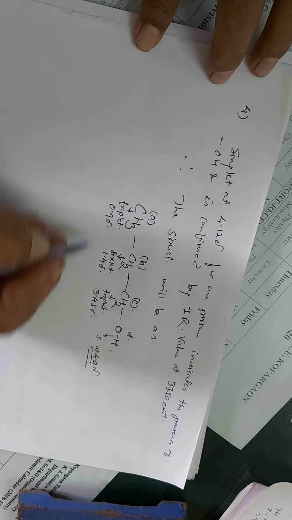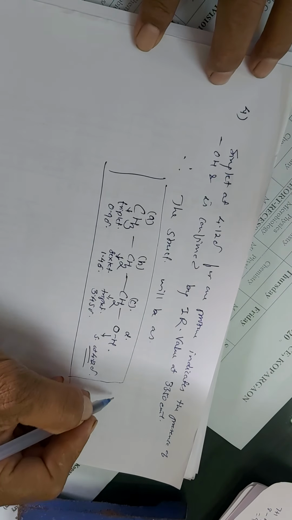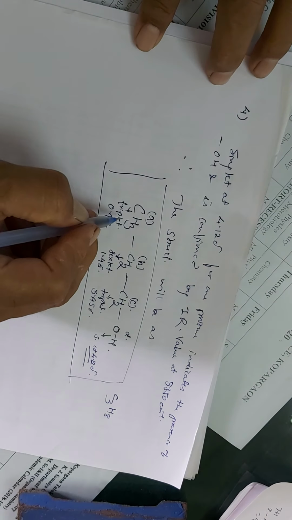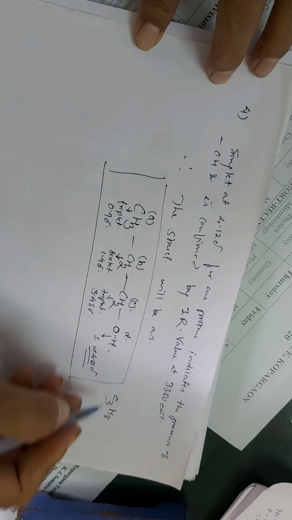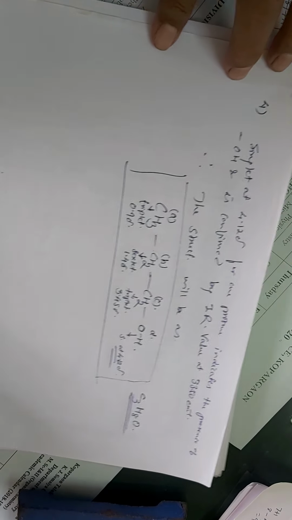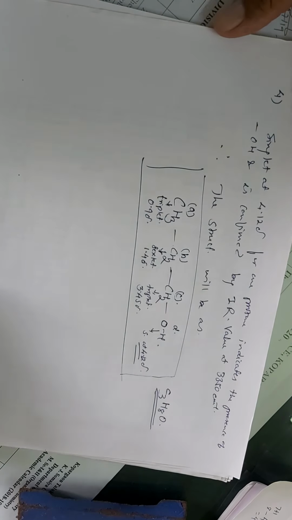So in this way, this is the confirmed structure of your given molecular formula, that is C3 H8 and 1 oxygen. So in this way we can confirm the structure of the organic compound by using this method. So in this way you are supposed to study the data and deduce the structure for the different types of compounds and the different types of molecular formulas which are given.